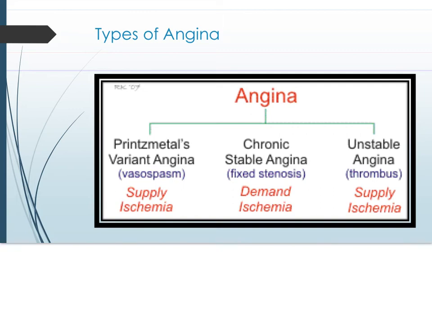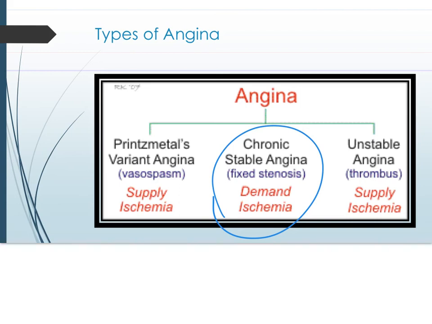Okay, so now we're going to talk about angina, and we're specifically going to talk about chronic, stable angina. What happens is there's an issue between supply and demand. Someone who has chronic or stable angina has an increase in demand, or a need for oxygenated blood, such as, let's say, they walk up a flight of stairs and they have this narrowed artery, and usually someone will develop angina when the artery becomes approximately 75% occluded.